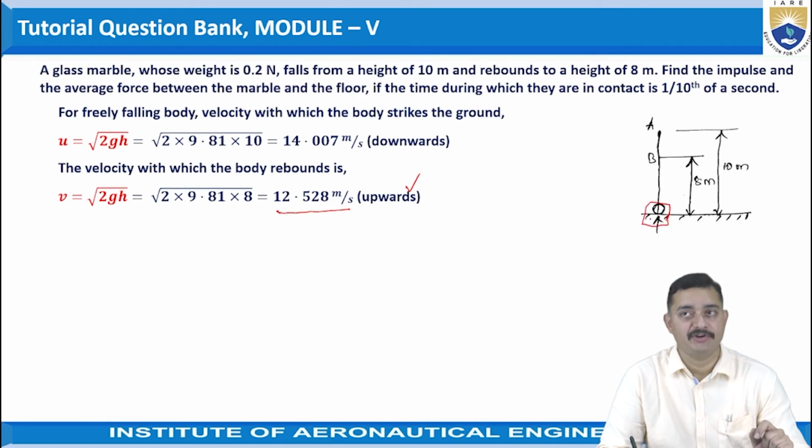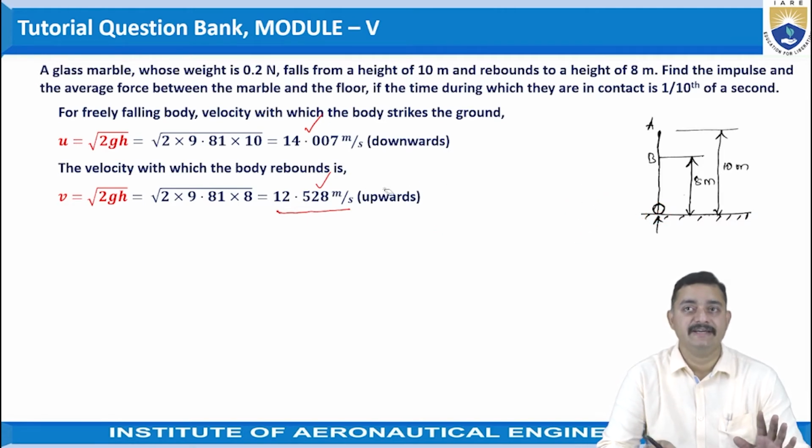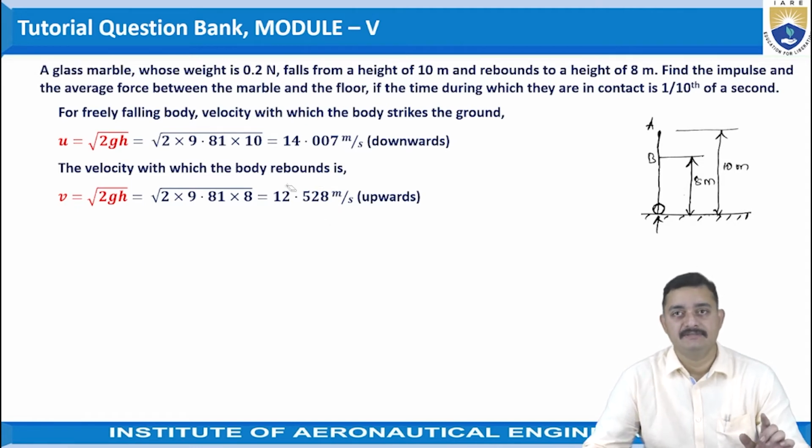At the same point of contact, we are able to see two direction velocities. At the same point, the downward velocity is obtained as 14.007 meters per second, and the upward velocity is obtained as 12.528 meters per second. Right? So, at the same point, depending on the direction of the marble's travel, we have got two velocities.